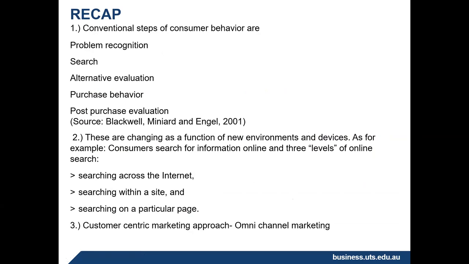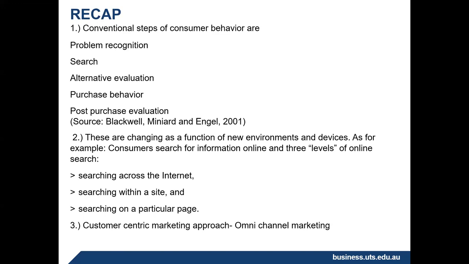And just to briefly recap, we looked at problem recognition and the different stages of consumer behavior, and we tried to understand how these are different in the digital channel as compared to the traditional channels. Then we also concentrated on search in the online environment, which is radically different from search in the traditional environment.